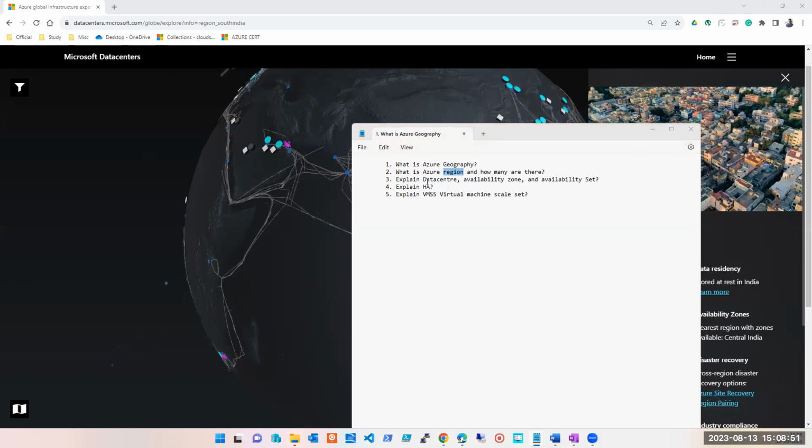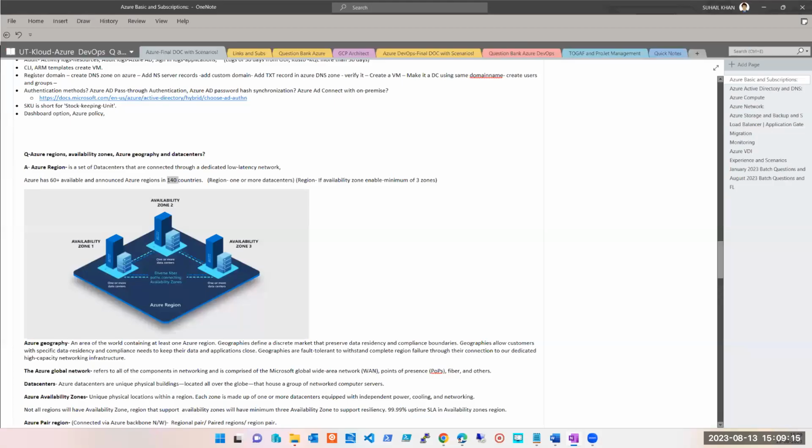So now let's discuss what is a data center. I have already explained. What is an availability zone? I will explain it to you. And availability set we are going to discuss after that. But before this, a small question. Again, this is for freshers. Mostly people who come with experience won't ask you this kind of question. How many regions are there?